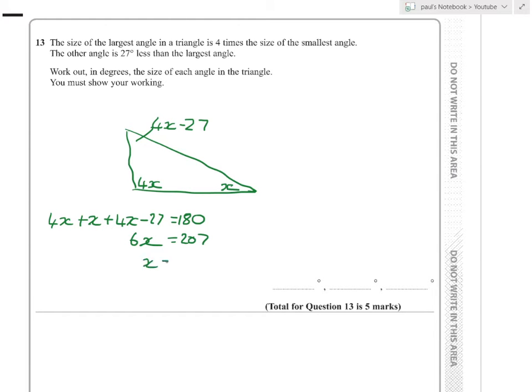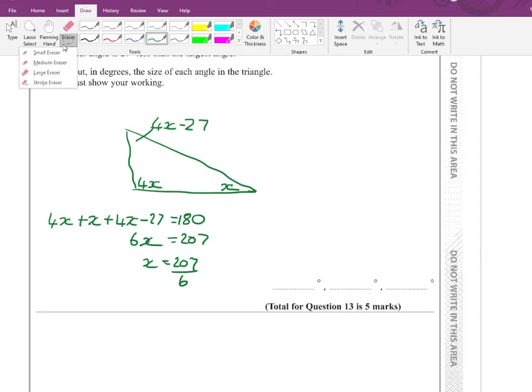So x is 207 divided by 6. 207 divided by 6 is 34.5. I need a proper number. It's because I didn't add them up properly, that's why.